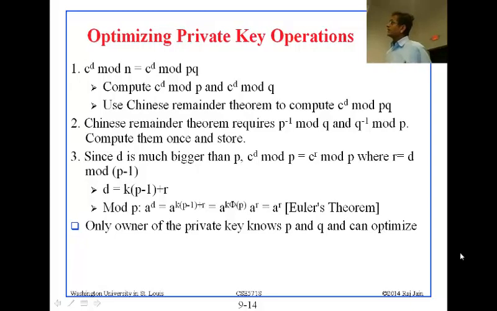In the Chinese remainder theorem, if you remember, there were two factors. After C raised to D mod P, you multiply it with Q times Q inverse mod P. Q inverse mod P can be calculated beforehand. Plus you do the same thing with C raised to D mod Q times P and P inverse mod Q. You can calculate P inverse mod Q.